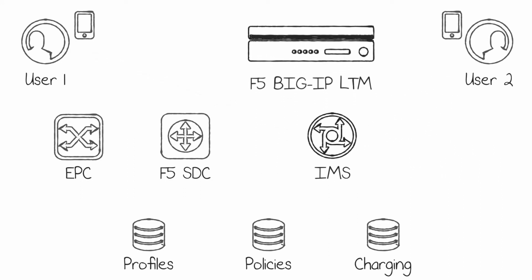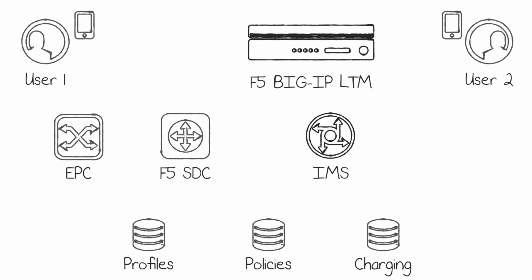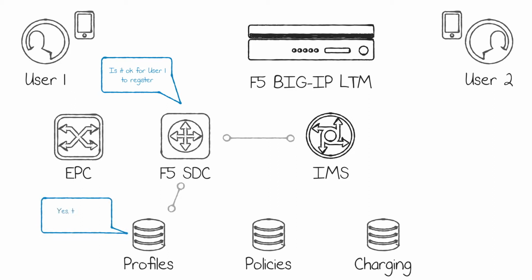The IMS network needs to see if user 1 is okay, so it sends a diameter message over to the SDC basically asking, can user 1 register with me? And the SDC will go back to the HSS again and say, is it okay for user 1 to register in the IMS network? And the HSS will come back and say, yeah, they can register there. And so the SDC updates the IMS and says, user 1, good to go.